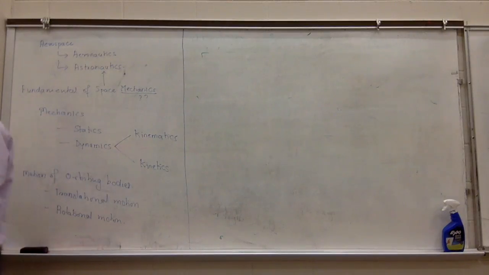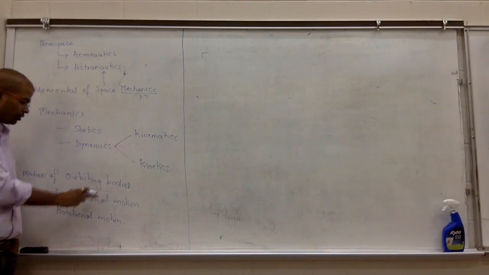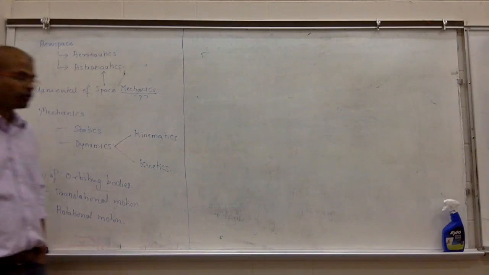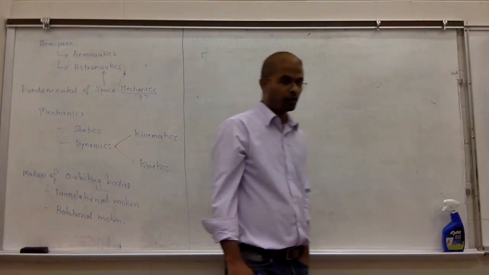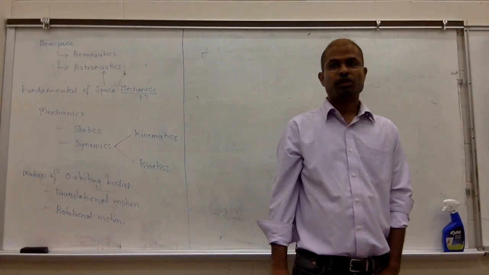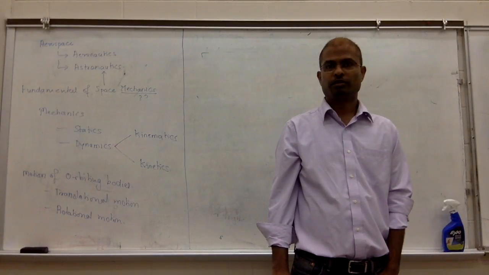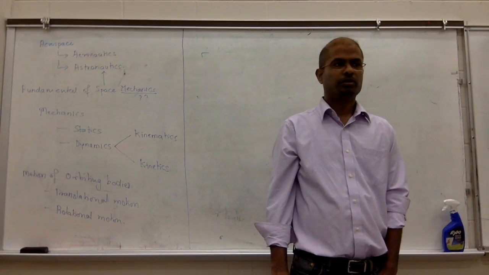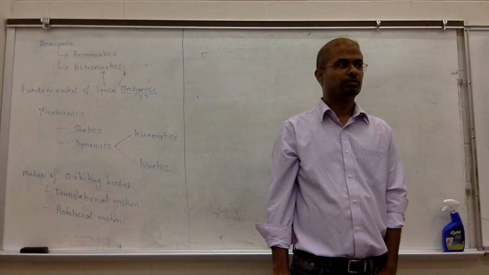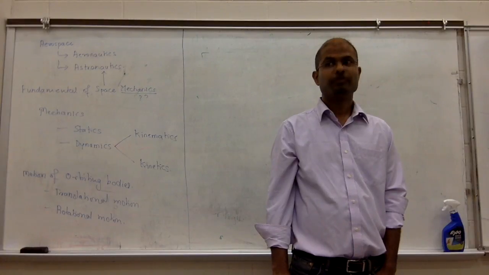So when orbiting bodies or orbits come into the picture, how do you define an orbit? Or what does space mean to you guys? The area outside of the atmosphere.